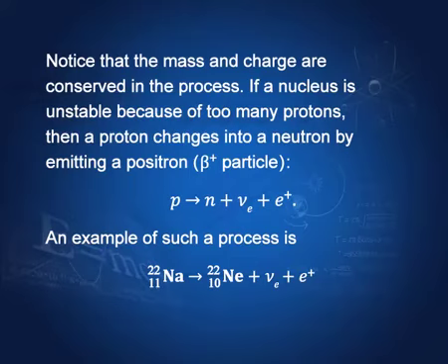For example, sometimes, if the energy allows this, that is we have beta particles which are, say, positrons which have high energy, then the proton can break into a neutron, a neutrino and a positron. You can see this is 1 unit of charge, this is 1 unit of charge, and the mass is conserved.